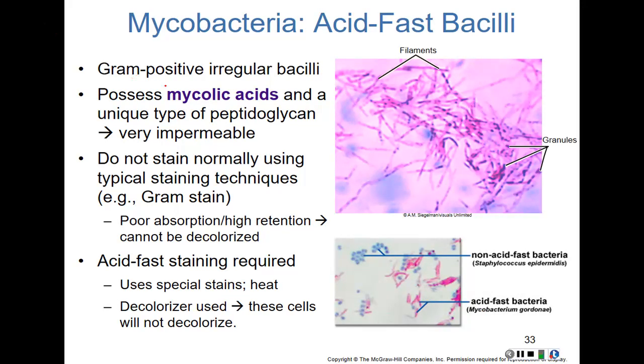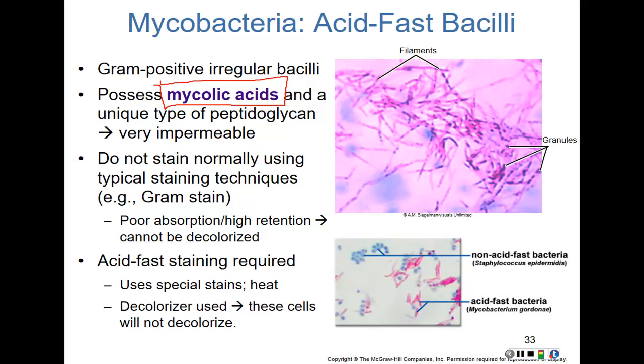I want you to understand that there is a waxy substance called mycolic acids that's in the membrane. And that waxy substance will not allow the gram stain to stain it properly. We know structurally that this organism is a gram positive.